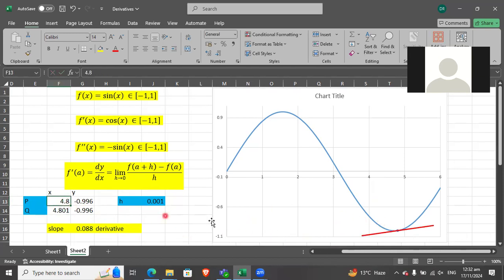So clearly, between a negative value of the first derivative and a positive value of the derivative, there is a transition through a zero value. So that's the interpretation of the first derivative and the second derivative.